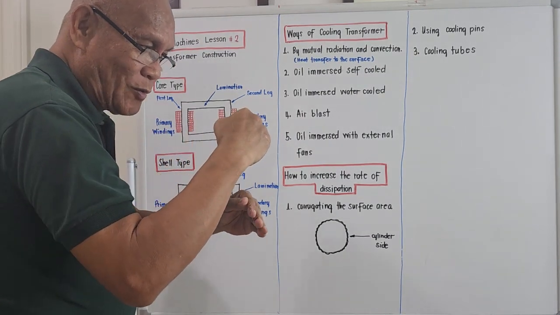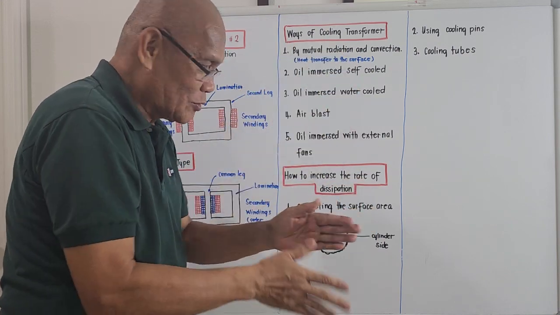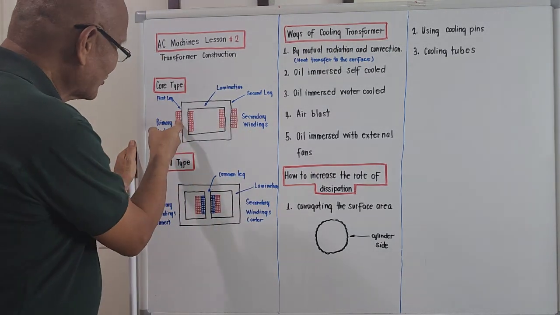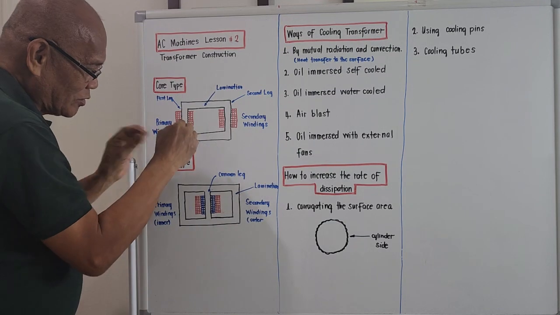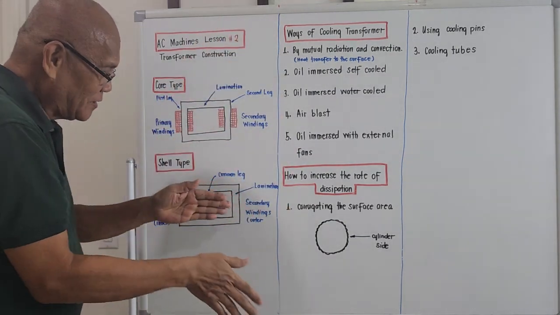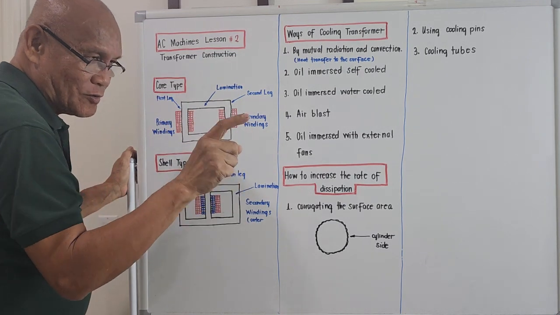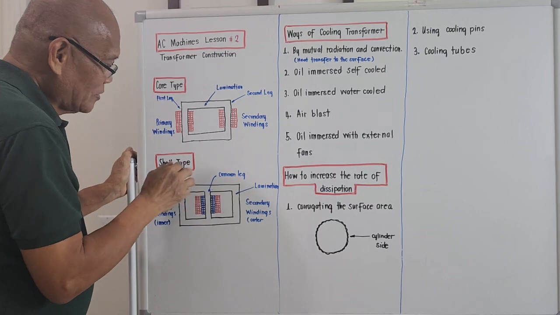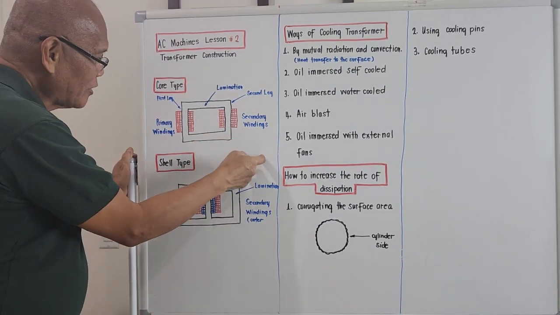We cut it like that, so we are facing the cross section of the winding. That's how deep the winding was wound. So these small rectangles represent one conductor. We call them the primary winding and secondary winding.